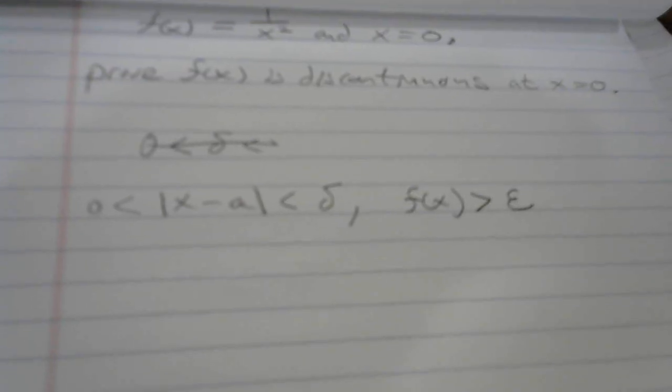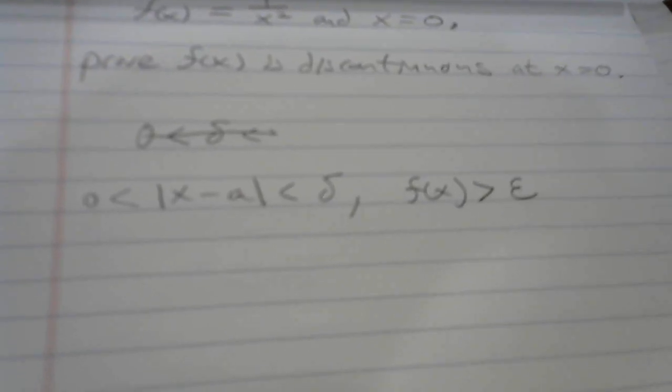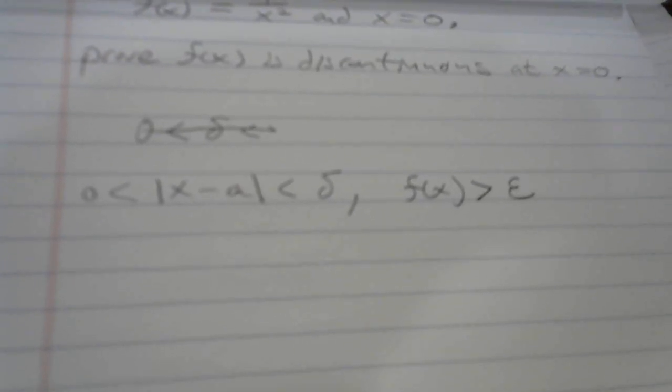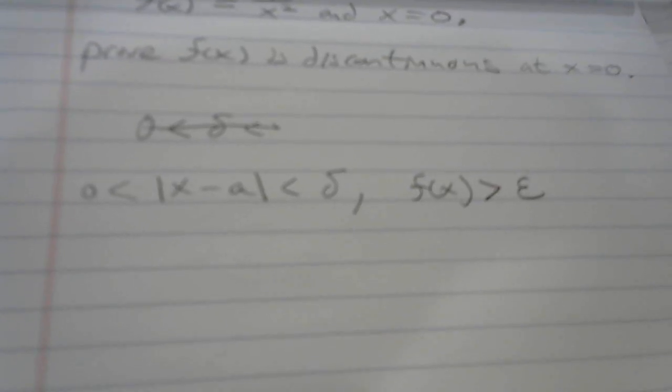Because we know for some delta we have some epsilon, but if we have some delta small enough to contain the limit 0, so x approaches 0, we know there's some delta that x minus a is restricted by, we know that the function of x is going to continue without bound. So this is how we prove that this is not continuous at that point.